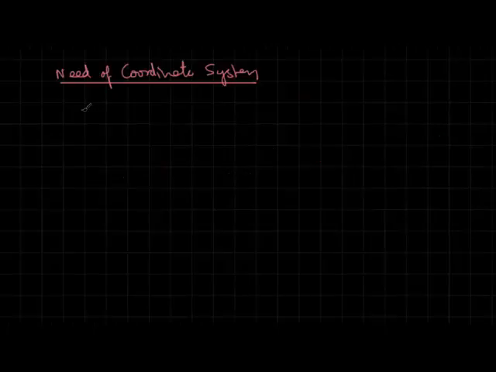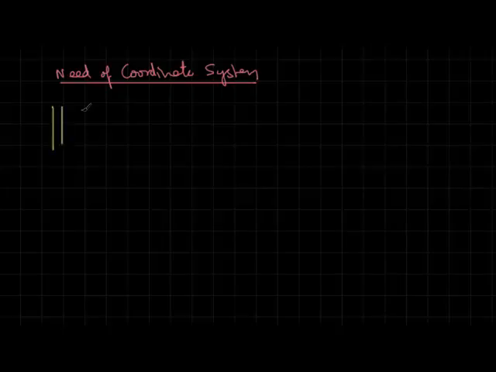Now we saw in the previous example that we needed a certain reference point in order to tell where the position of that house was. We said that it is 20 meters north of the statue. If we don't tell the statue, we cannot say that it's 20 meters north of what.